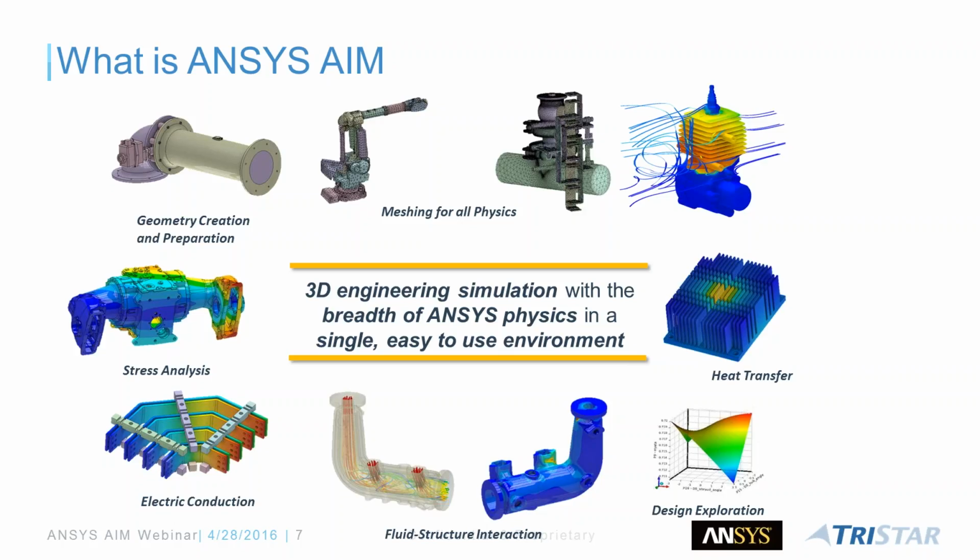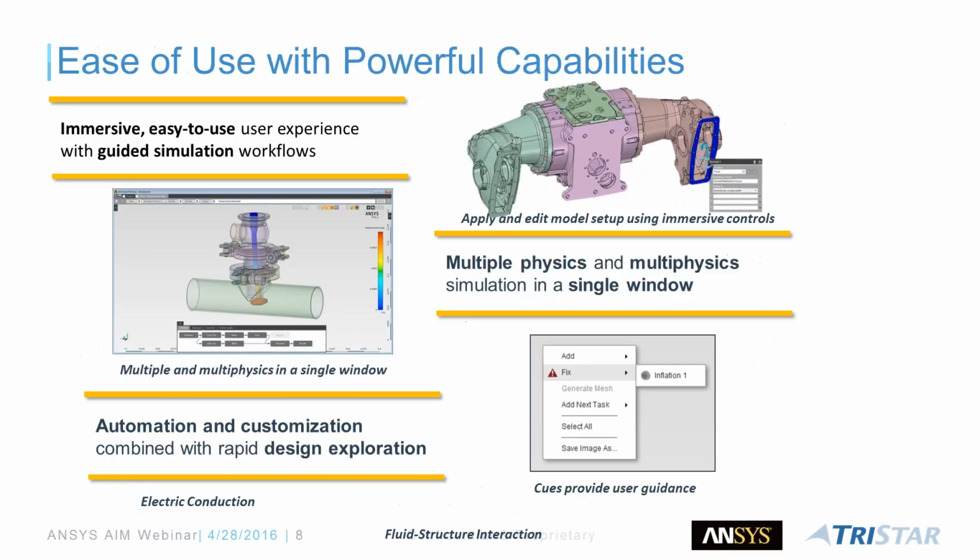ANSYS AIM has the capability for geometry editing, as well as parametrizing dimensions so that you could run what-if scenarios. So like I said, it's one single environment. You can see the screenshot there, which shows it works with parts, assemblies, complex assemblies, simple parts.